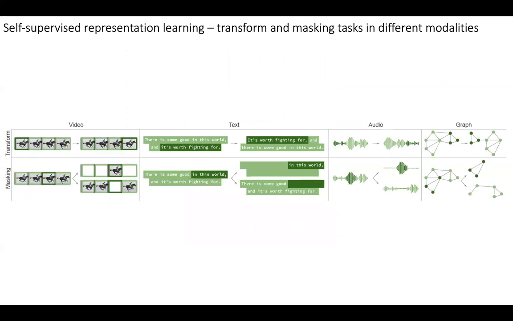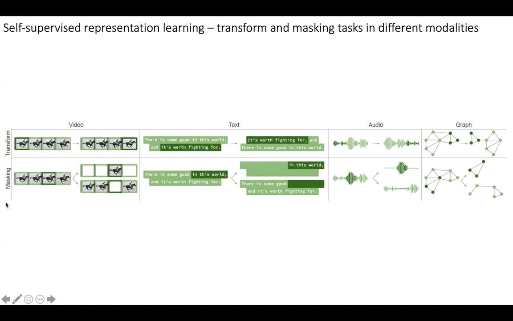Okay, here are some concrete examples of the transformation pretext task and the masking prediction pretext task in different modalities. For example, in video, the transformation can be reordering of the images. In text, the same thing, we can reorder different text sequences. Similarly for audio and graphs.